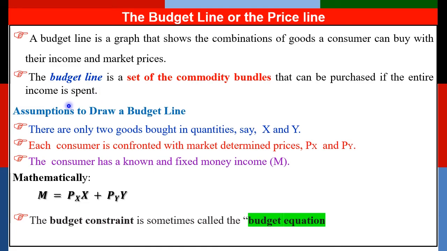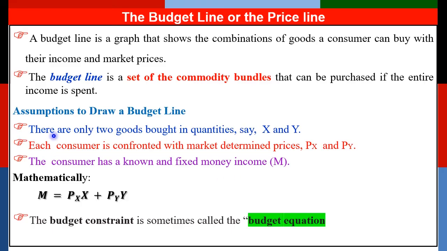So, in order to draw the budget line, we have these assumptions. The first one, there are only two goods, that we say X and Y. Each consumer is confronted with market determined prices of X and Y. The consumer has a known and fixed money income.